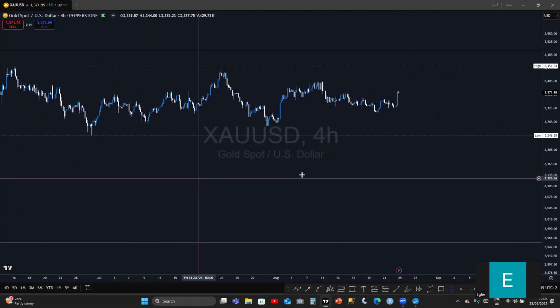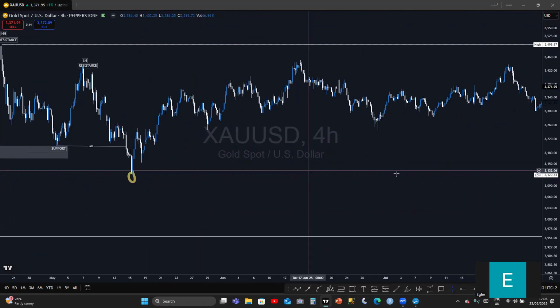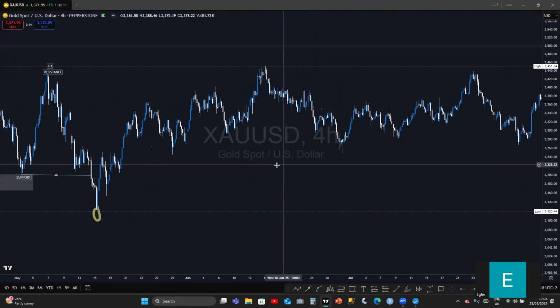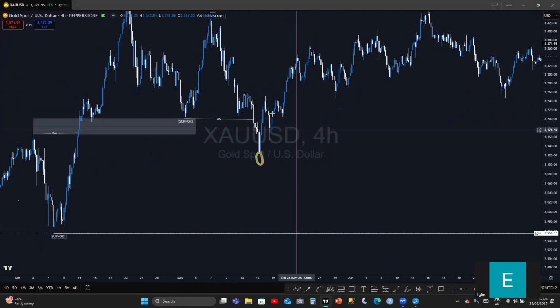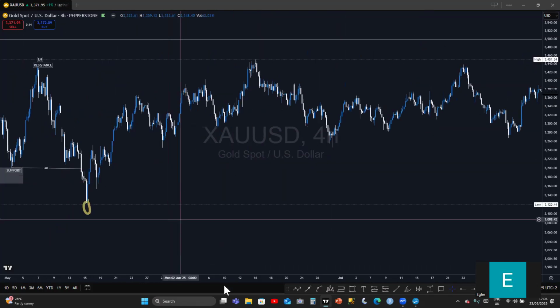What we now need to do at this point, we'll start reading this leg because this is the low that this change of character gave us, or market shift. This very one here.